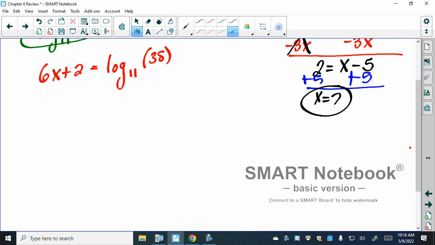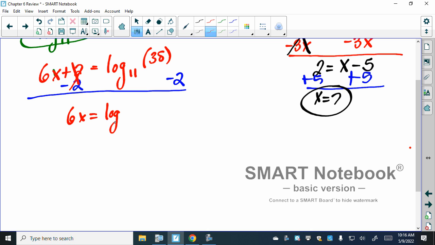And at this point here, we just need to solve for the value of x. We need to get x by itself. So we could subtract 2 from both sides. These cancel, telling us 6x is equal to log base 11 of 38 minus 2.